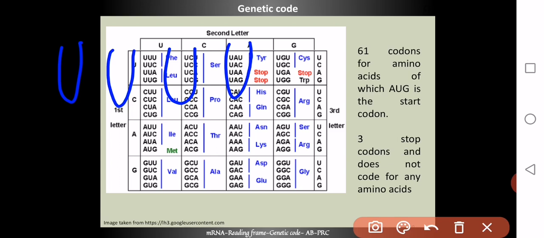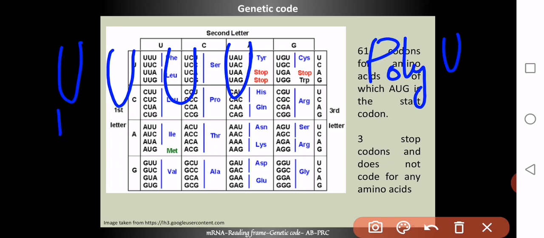In the first experiment, in the beginning, they used poly U as the mRNA molecule for translation in all the test tubes. And each test tube was different in the amino acid provided.